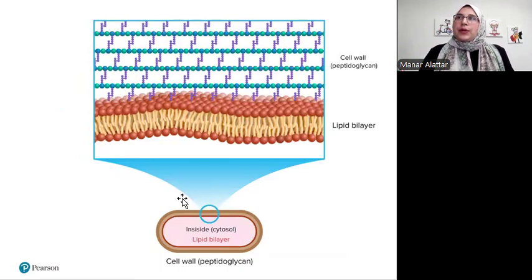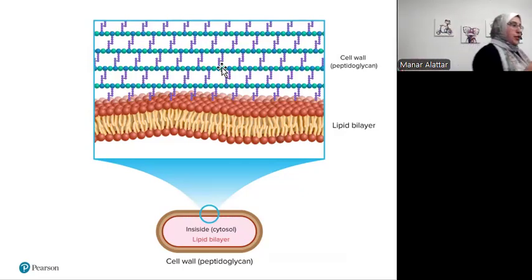So if you're looking at particularly gram-positive organisms, then you're going to see that their cell envelope has a lipid bilayer. This is just a reminder because we've seen this before in the class. And then you can see that peptidoglycan layer. These beads that are turquoise and blue, those are our NAG and NAM subunits. And then those layers are held together by cross linkages.